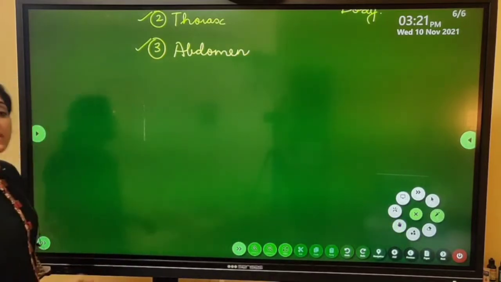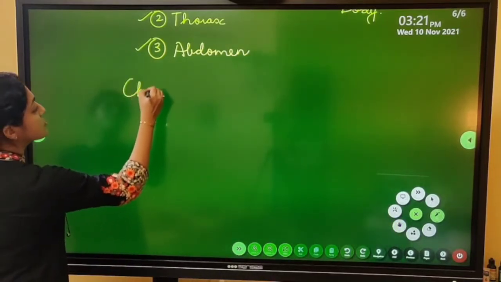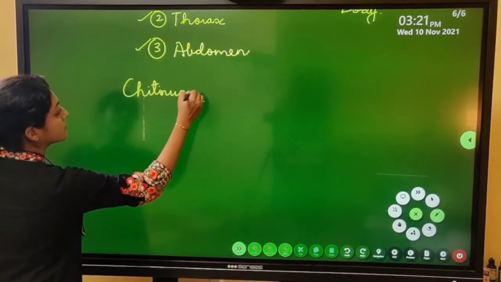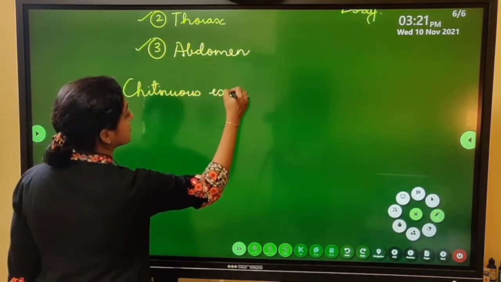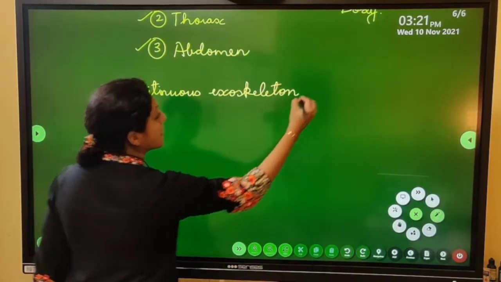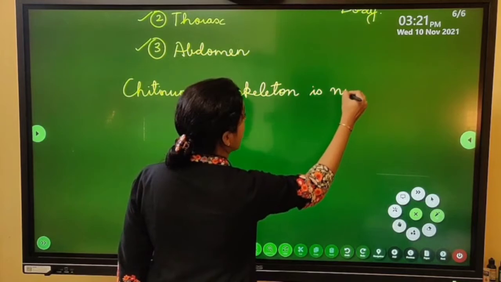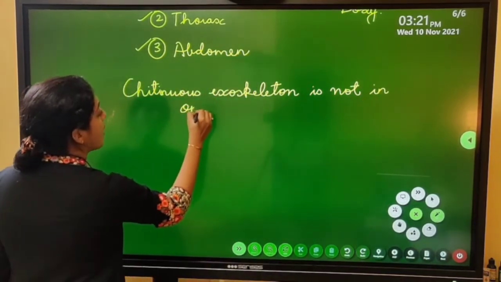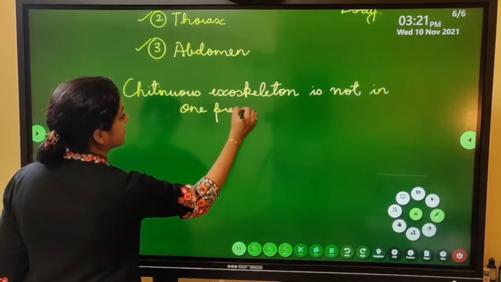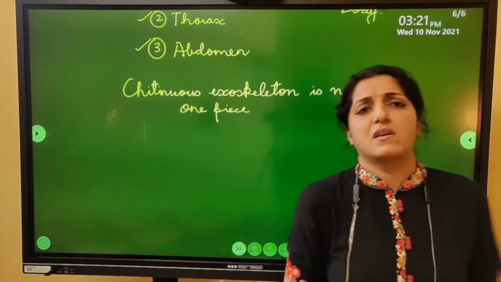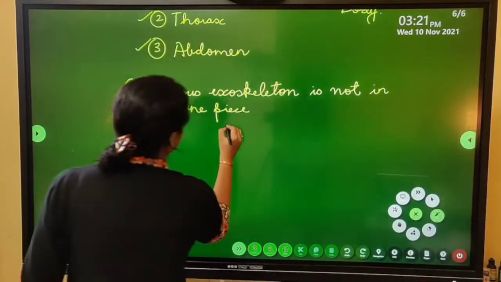So you will write with me, the chitinous exoskeleton is not in one piece. MCQ, is not in one piece. It is present in several pieces.